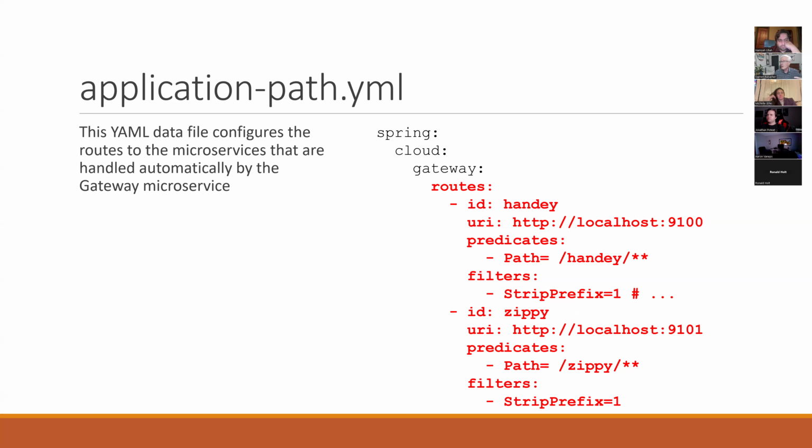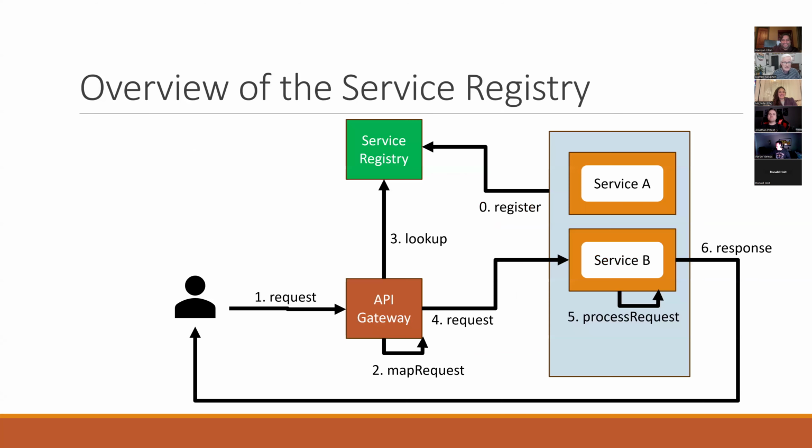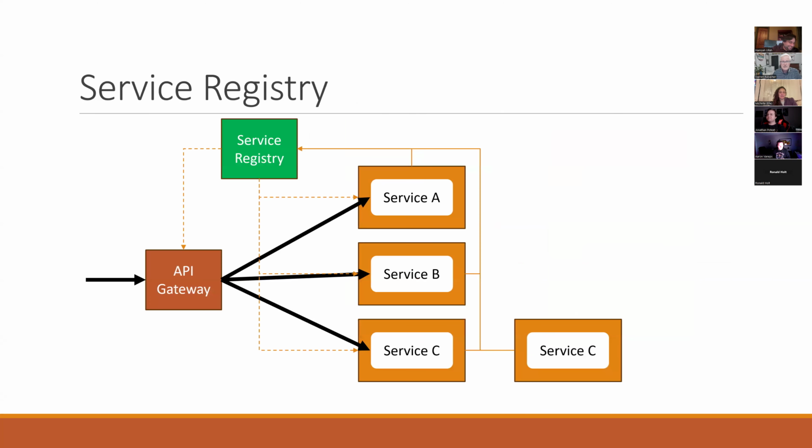Now, in some of the more modern microservice techniques, like with Kubernetes or Docker, they handle a lot of this for you and allow you to do port mapping, which is really interesting. It makes it much easier for deploying these microservices. All right, clear as mud. Let's go on to service registry.